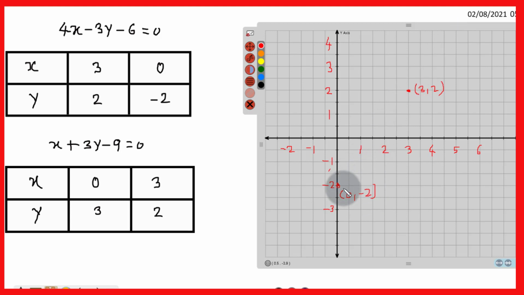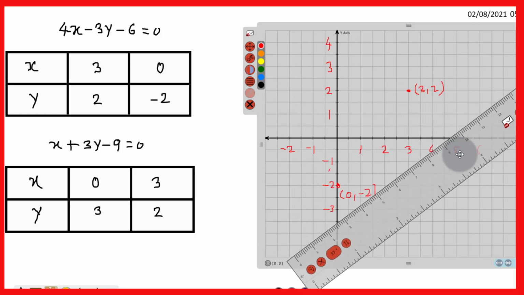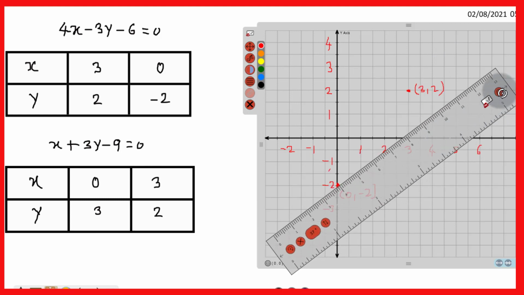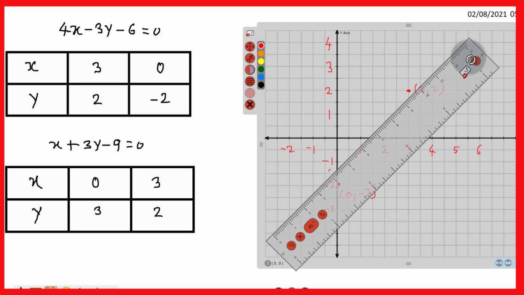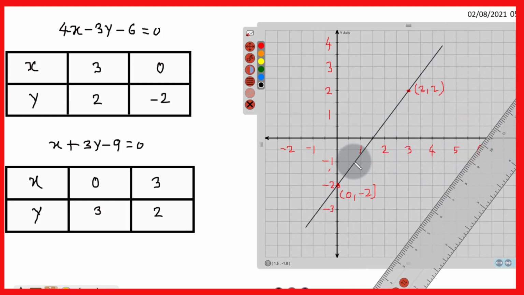Now we will draw a line passing through these 2 points. This is the line passing through these 2 points, and now we will plot the other equation.